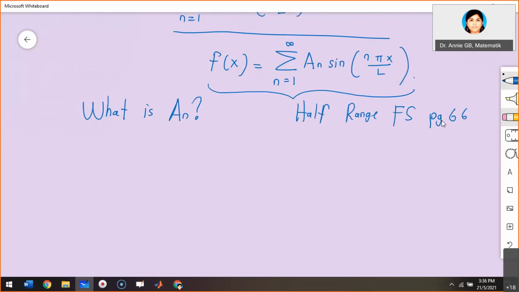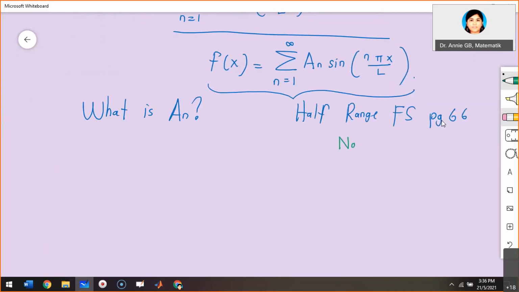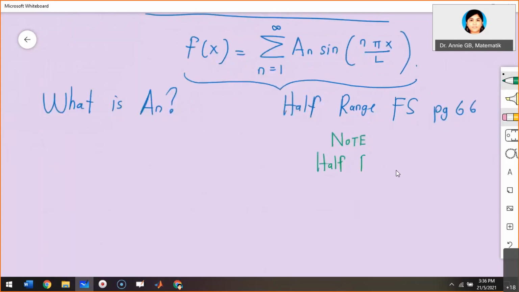This is my sine series expansion. Okay, I make a note here: half range sine series expansion.